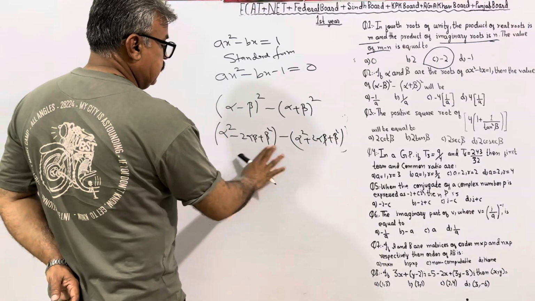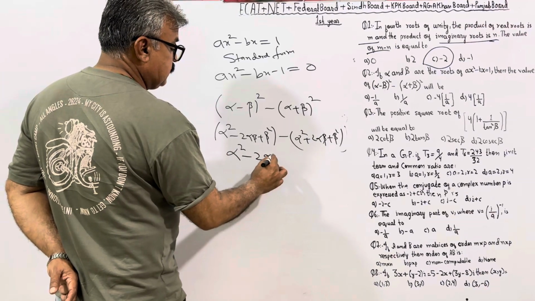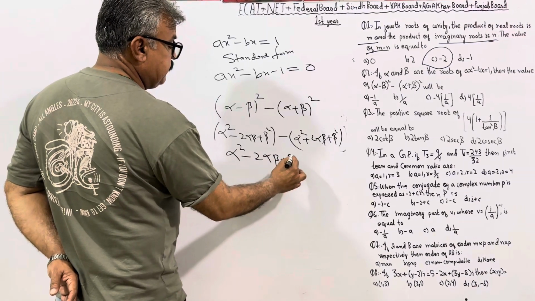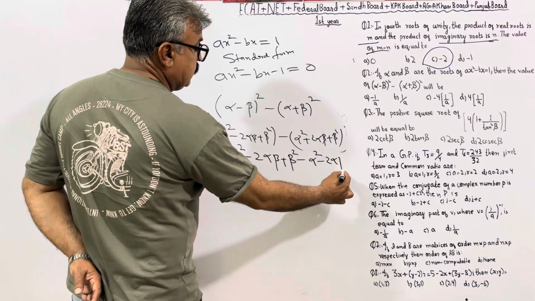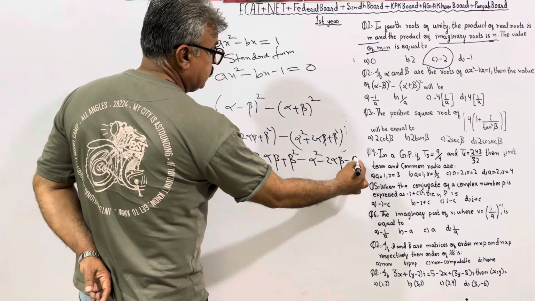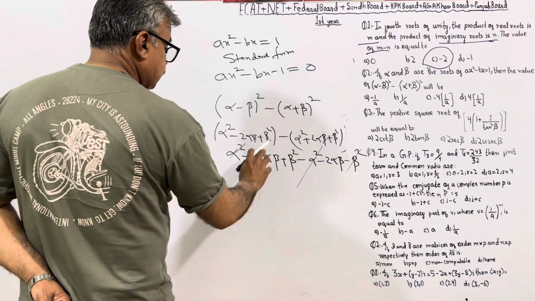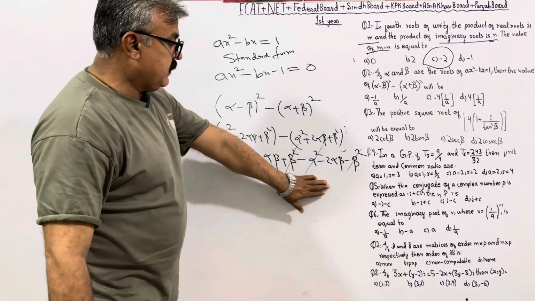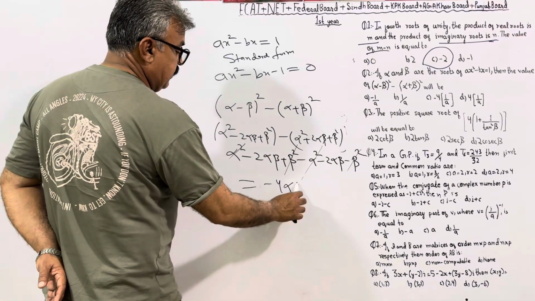We have alpha square minus 2 alpha beta plus beta square minus alpha square minus 2 alpha beta minus beta square. Look at this, the squares cancel out. Minus 2 alpha beta minus 2 alpha beta is equal to minus 4 alpha beta.